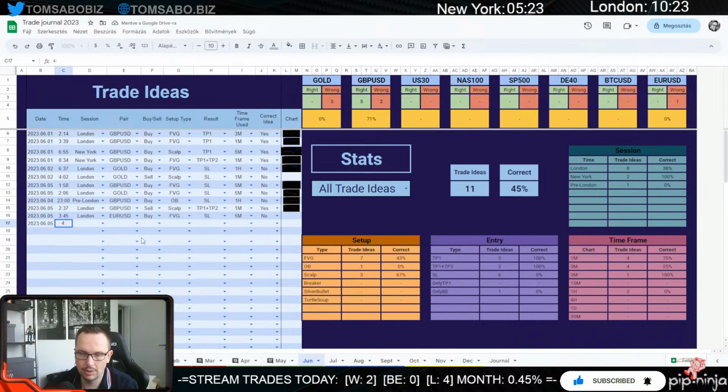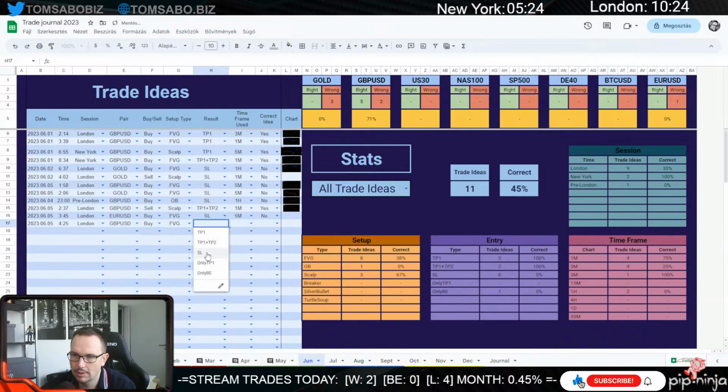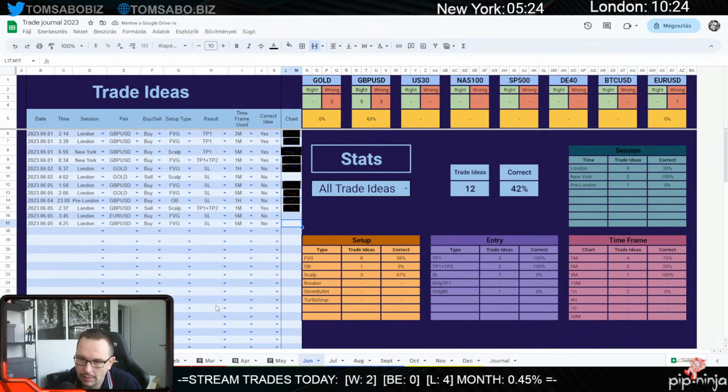That was at 4.25. It was a London session. It was a pound trade, a buy, classic FVG setup. That's how I call it. It was a stop loss made on the 5-minute. Didn't turn out well. I'm gonna log the chart.